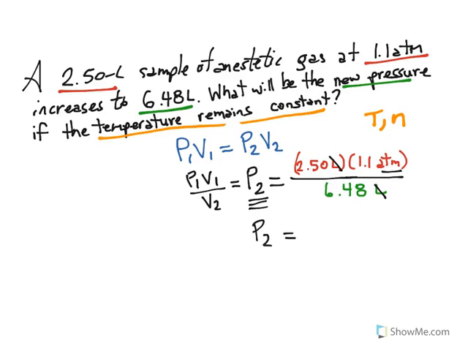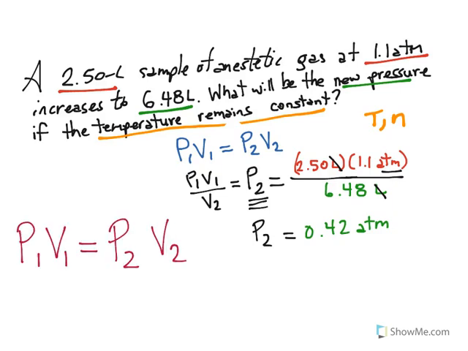So our final pressure, or P2, is going to be 0.42 atmosphere. Now we need to see if this makes sense. Our equation is P1V1 equals P2V2. So we went from 2.50 liters to 6.48 liters.